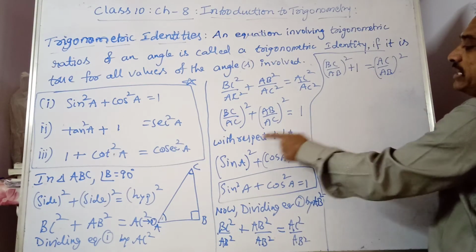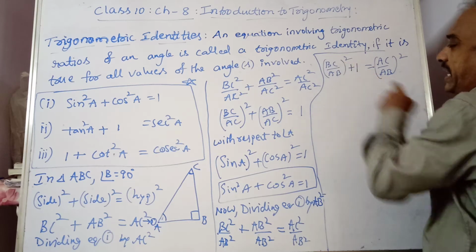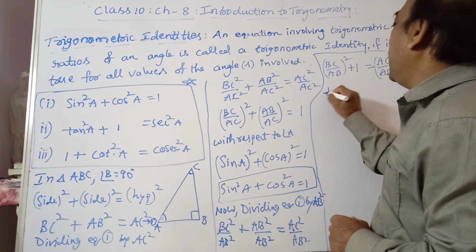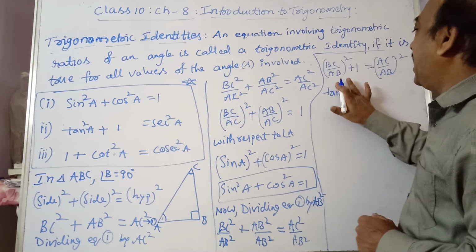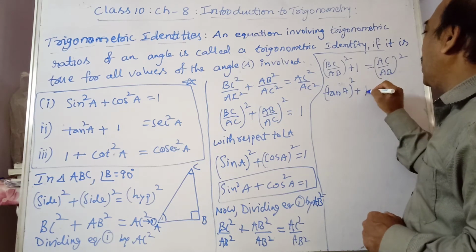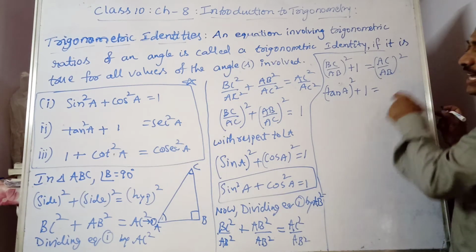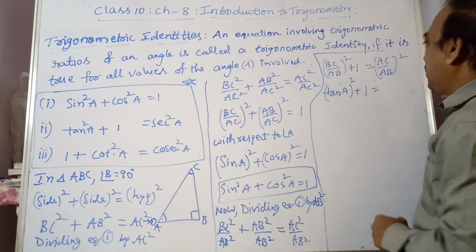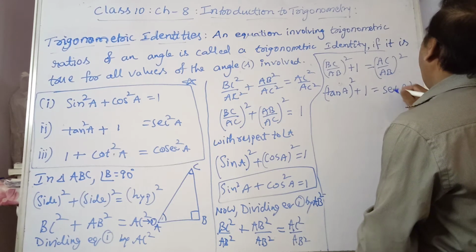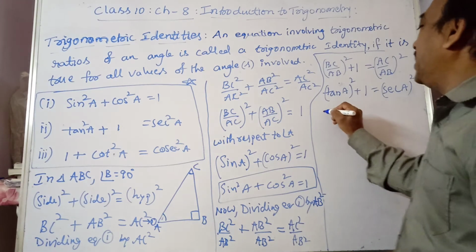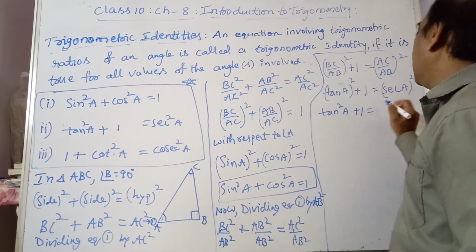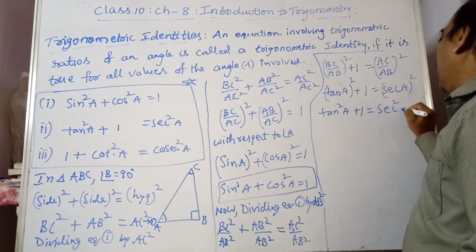BC by AB with respect to angle A, opposite by adjacent, is nothing but tan square A. So this is tan A whole square, opposite by adjacent, plus 1 is equals to AC by AB, hypotenuse by adjacent, which is nothing but secant A whole square.